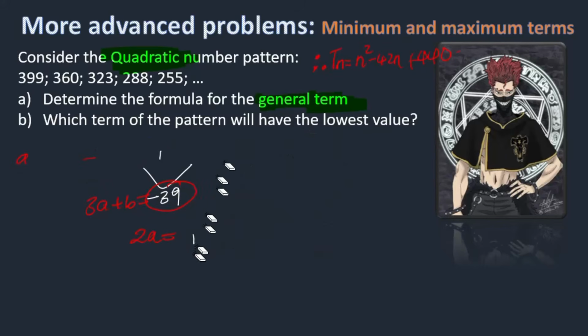Next question now. This is a tricky one because it doesn't only test your understanding of sequences. It tests your understanding of the word quadratic. It says, which term of the pattern will have the lowest value? Now, when you say things like that, you should remember words like minimum and maximum. Right?